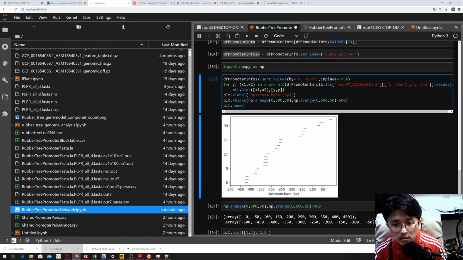Okay, so this is done. This is the starting point of ours, and this is the end point of ours. So this is the position of our promoter result, and this is the y-axis.